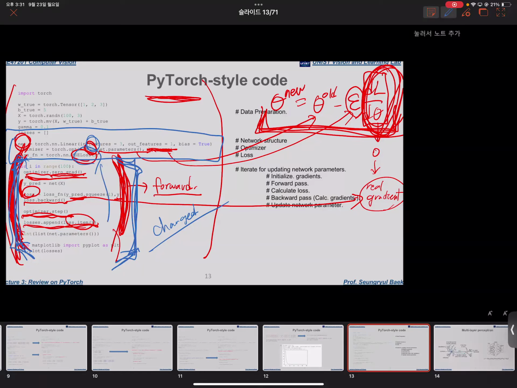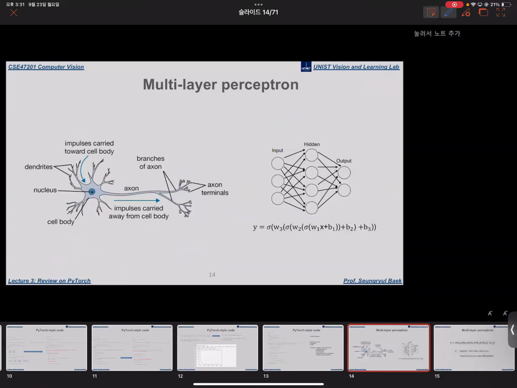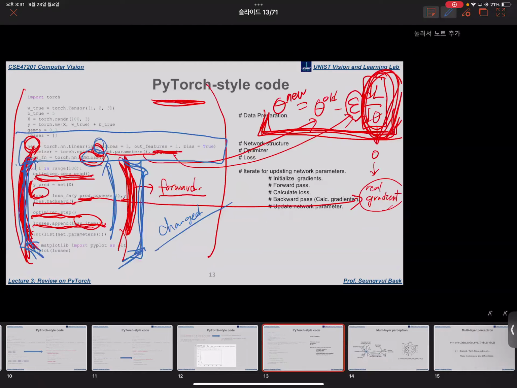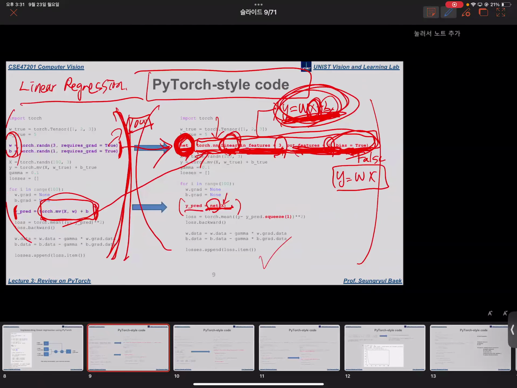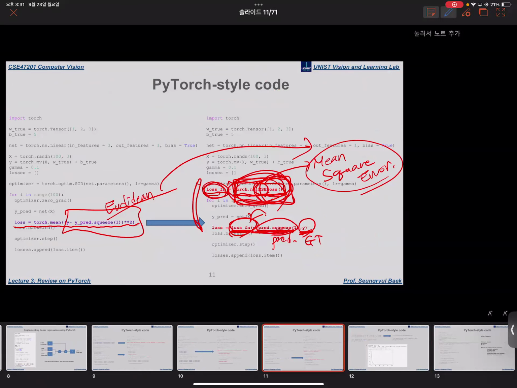Okay, these 5 lines of code do not change much. Okay. So this is the introduction to PyTorch. I strongly recommend you to be familiar with these 5 lines of code implementing gradient descent.